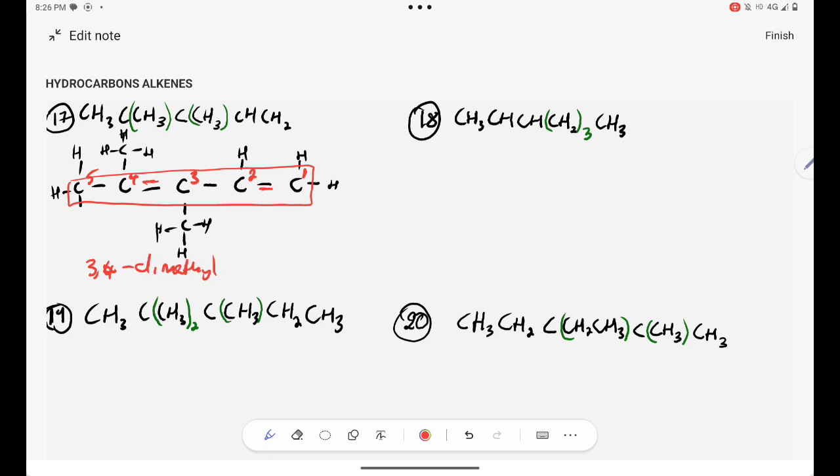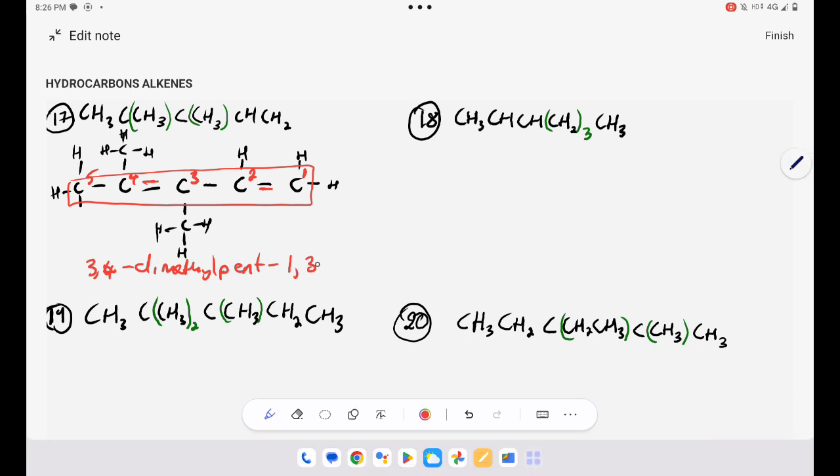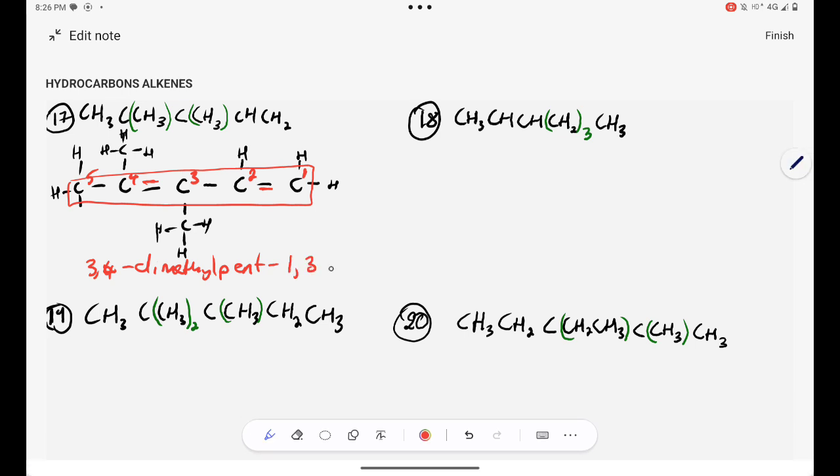And then the parent chain has 5 carbons. That's pent. I have a double bond between 1 and 2, I'll write 1. Another double bond between 3 and 4, I'll write a 3 over there. And then I'll simply write diene. So the IUPAC name will simply be 3,4-dimethyl pent-1,3-diene.